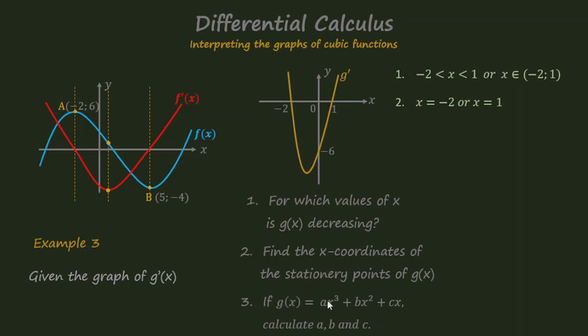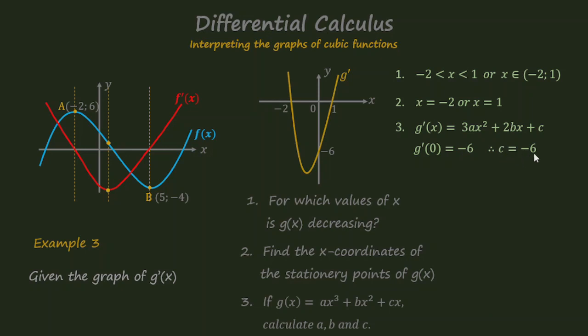Now, if we differentiate g, we get 3ax squared plus 2bx plus c. If you look at this graph, it's a quadratic function with the y-intercept at c. Its y-intercept is at -6. That tells us that c equals -6. If we substitute 0 in this equation to get the y-intercept, we are left with c.